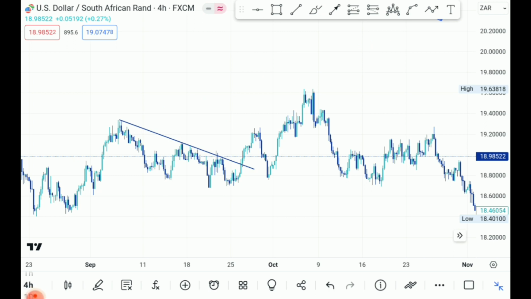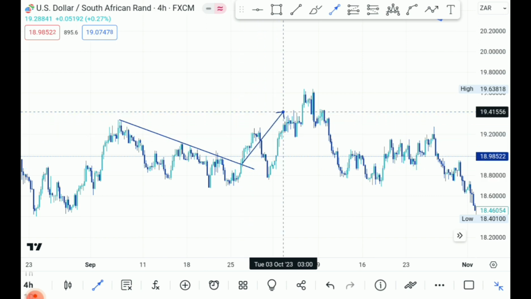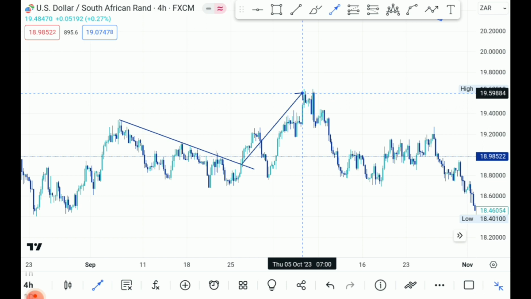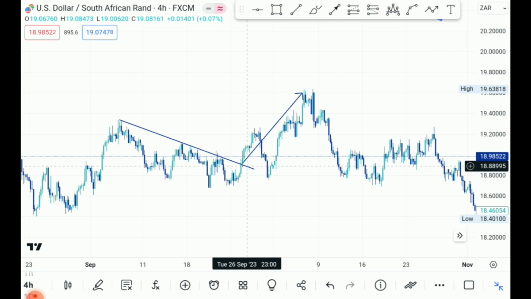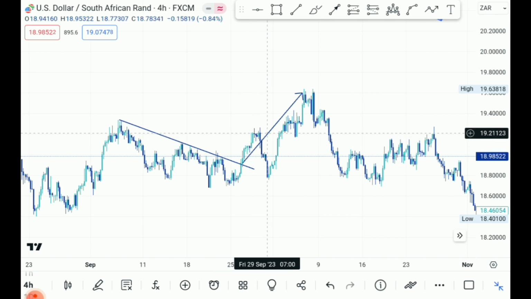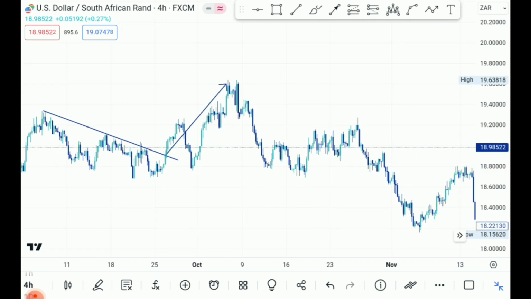So look here, when price breaks the trend line, it signals a possible trend change, because we were in a downtrend, then it breaks out here and it signals a possible trend change to the upward.